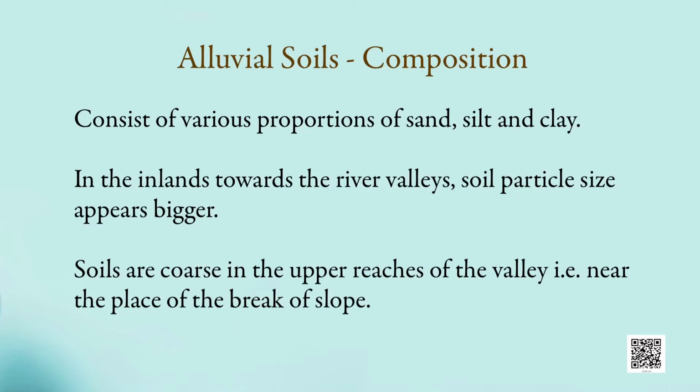Alluvial soils are classified on the basis of size of their grains or components. It consists of various proportions of sand, silt and clay. In the inlet towards the river valleys, soil particle size appears bigger.